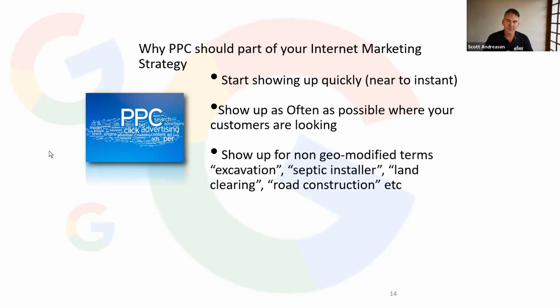And you can show up for non-geo-modified terms like excavation, septic installer, land clearing, road construction, without tacking on a city name or anything. Just show up for those very broad terms like that. And it's unlimited scalability once it's dialed in and that Google Ads algorithm has you locked in. You can just keep putting more coins in the machine, so to speak, and scale it up.